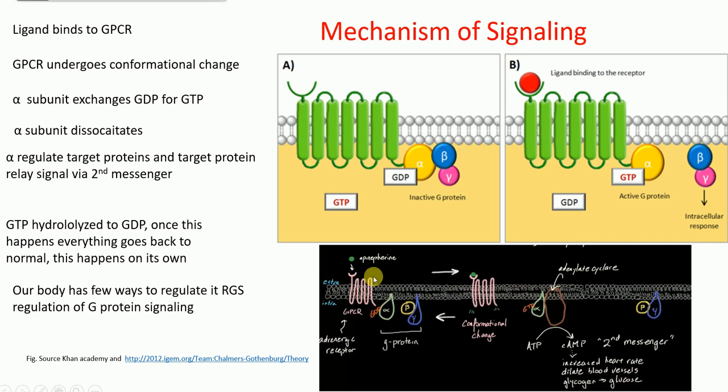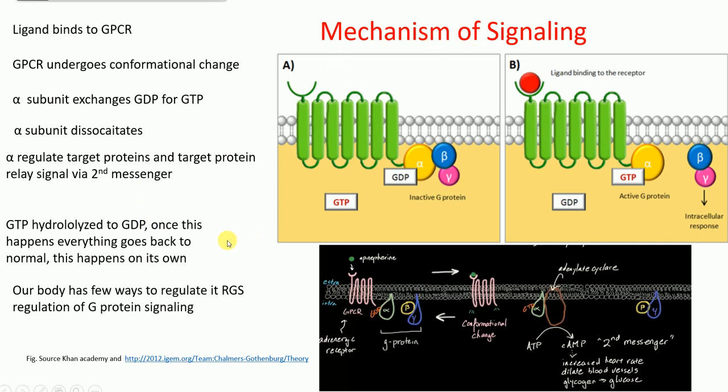So the example is: epinephrine binds to the G protein coupled receptor, the receptor undergoes conformational changes, the alpha subunit exchanges GDP for GTP and regulates adenylate cyclase, and adenylate cyclase converts ATP to cAMP, cyclic adenosine monophosphate, which is a second messenger, and it causes an increase in heart rate, dilated blood vessels, and conversion of glycogen to glucose. So this is the mechanism of how signaling occurs via G protein coupled receptors.